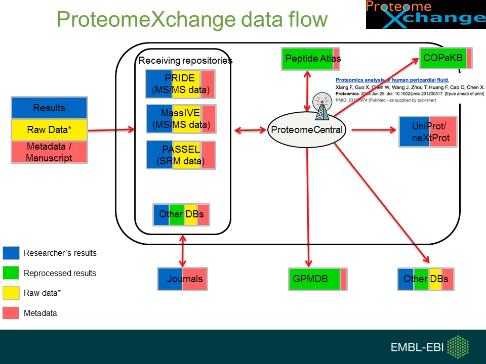So this is the broad setup of ProteomeXchange. As I mentioned earlier, only the metadata is centralized. The raw data, which is vastly larger than the metadata, of course, is kept in only one of the repositories.